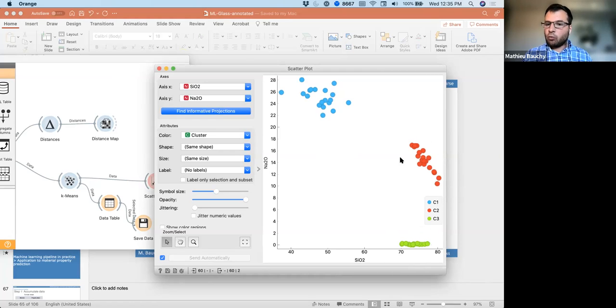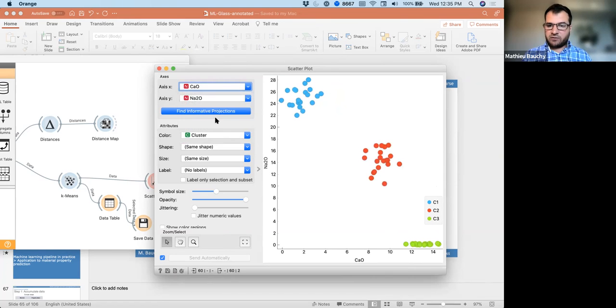One is the red points here. If I look at it in terms of sodium and calcium, these red points are the group of glasses that contain about, let's say, 15% of sodium oxide and about 10% of calcium oxide. So those would be some typical window glasses.